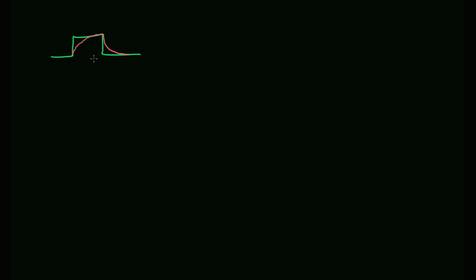Here's what we did. Suppose your input signal is this. This is the input row, and this is the time column. So this is what your input signal looks like with respect to time. Then we took its Fourier transform.